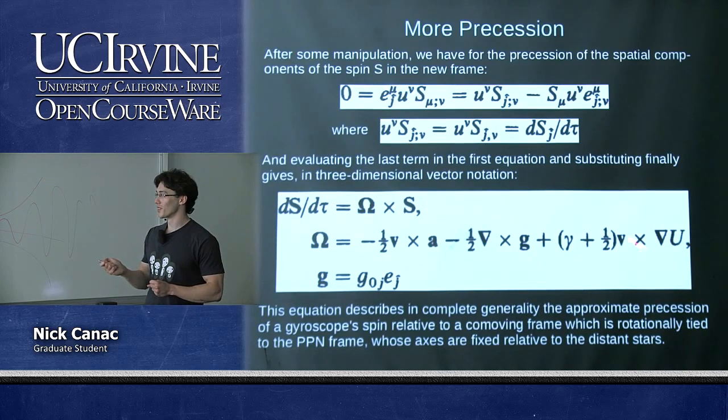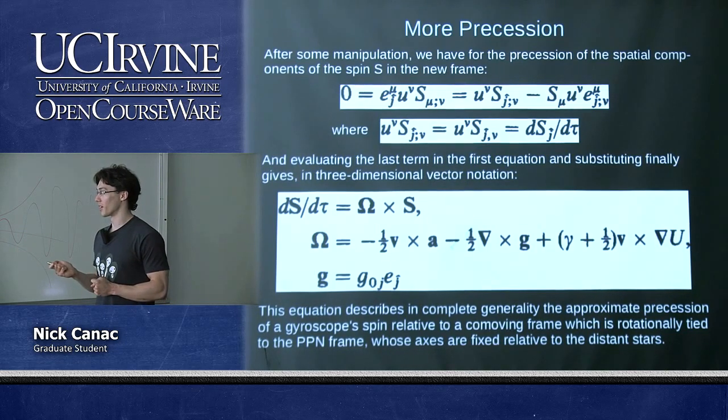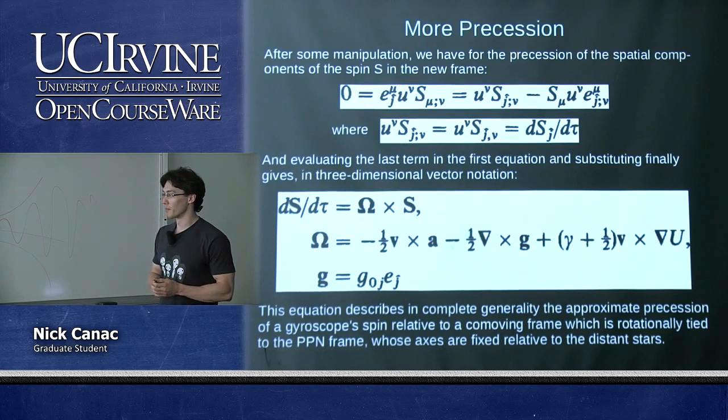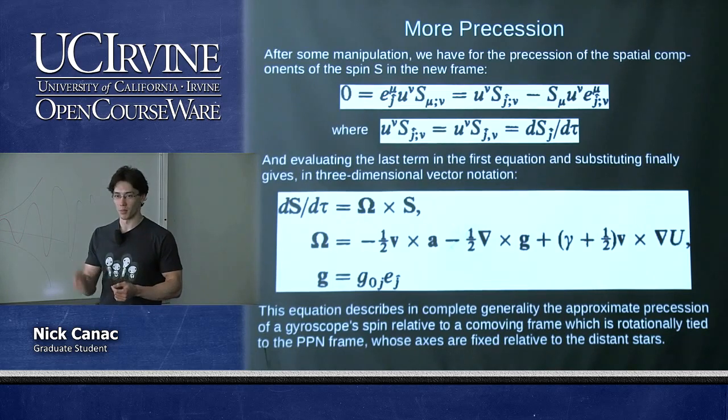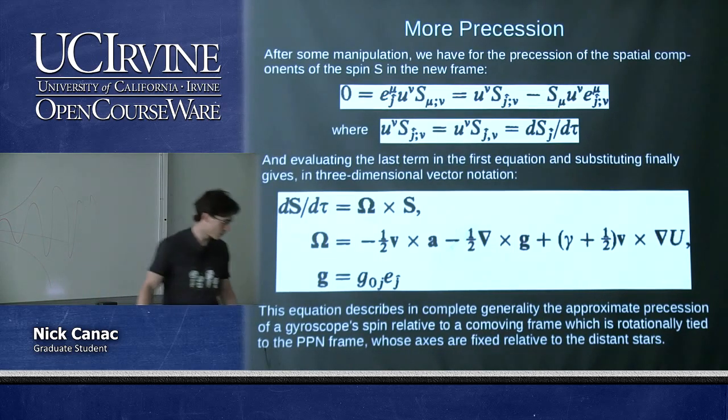There's a bunch of terms here, and I'll talk about those in the next slide. But basically, this equation describes, again in complete generality, the precession of a gyroscope spin relative to a co-moving frame that is rotationally tied to the PPN frame, which is fixed relative to all your background stars and galaxies.